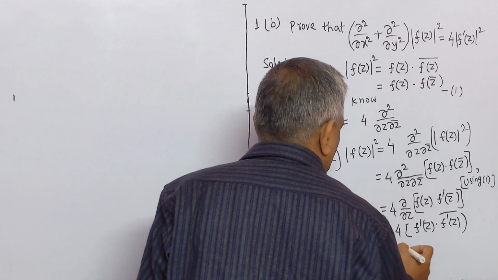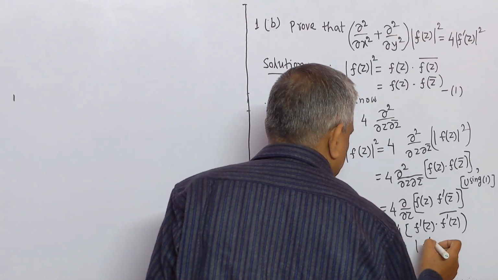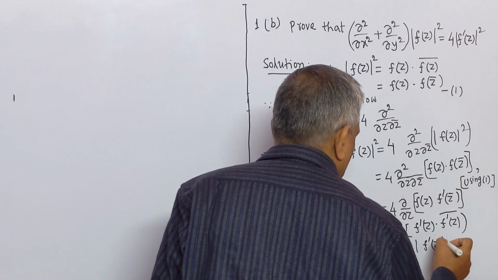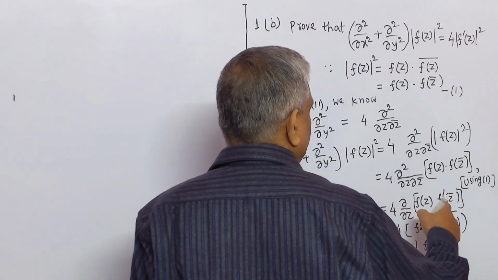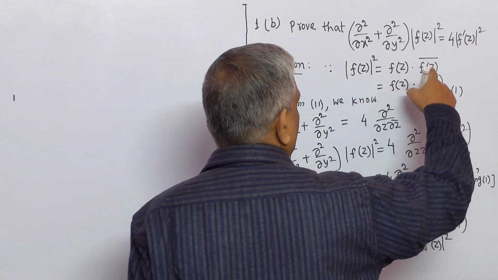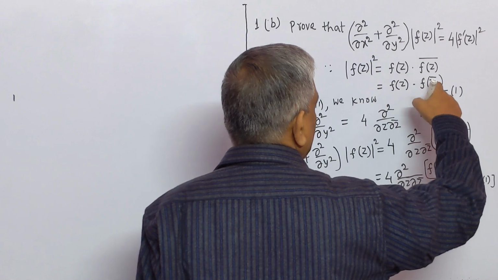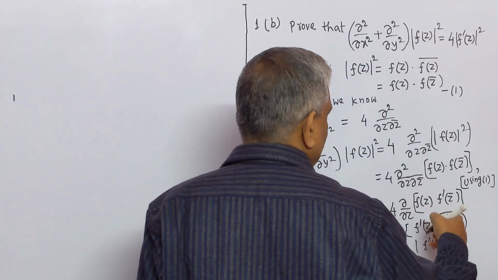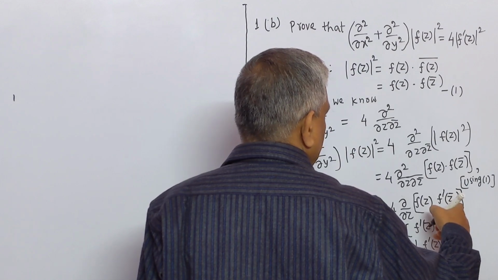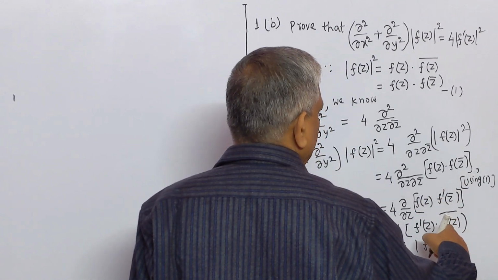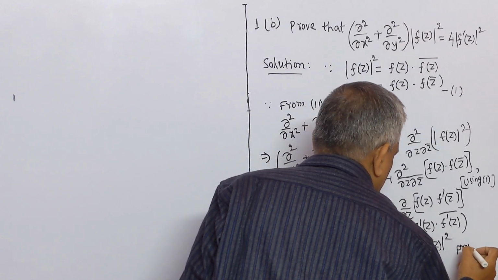So this will be equal to 4 modulus of f prime z whole square. We know that f(z) conjugate equal to f conjugate z. Similarly here f prime conjugate z equal to conjugate of f prime z, and this is proved.